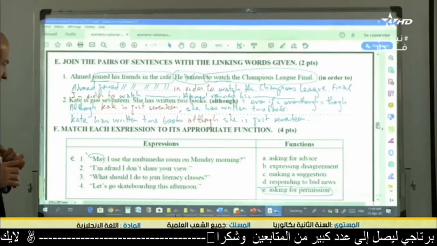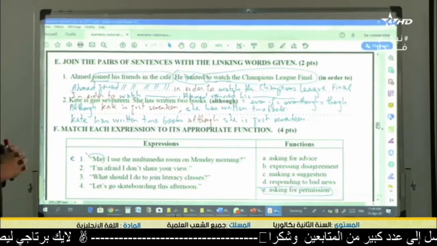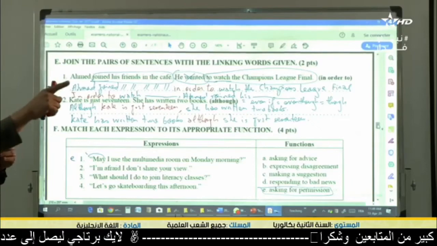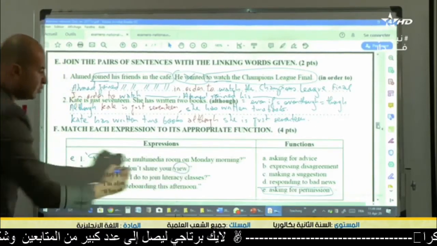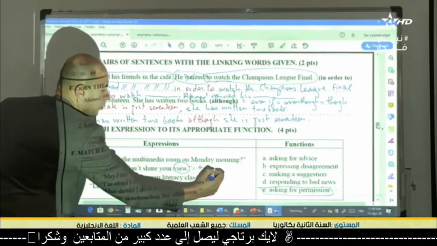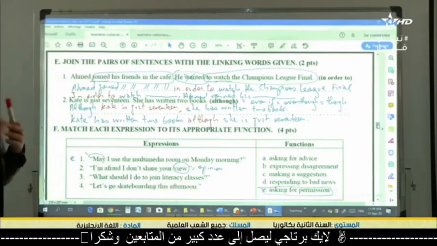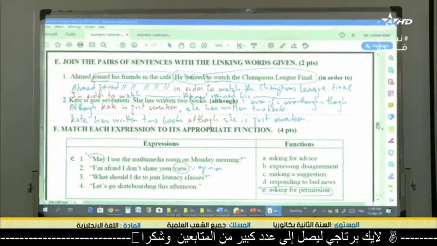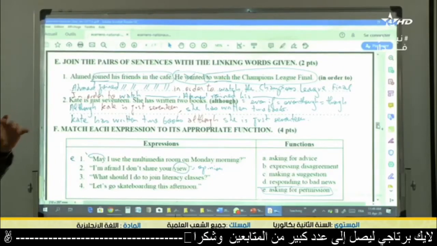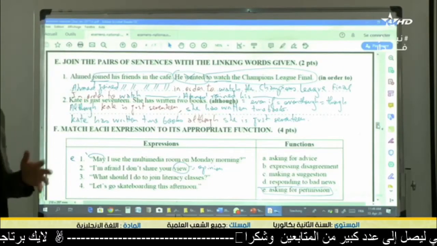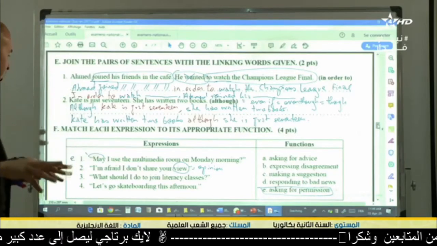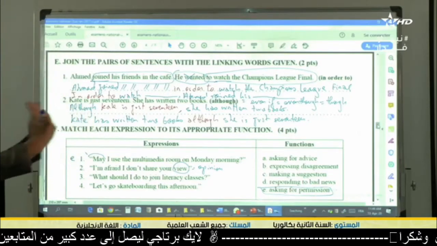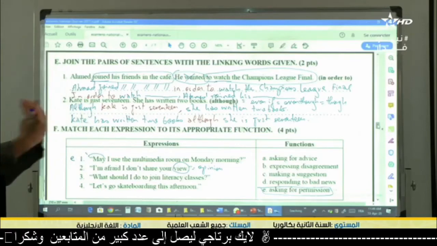Number 2, I'm afraid I don't share your view. So your view, what is view? View is an opinion. In my view, in my opinion, okay? So I'm afraid I don't share. Share, you know, share on social media, on Facebook, you share something, a video, etc. I don't share the same view, the same opinion.